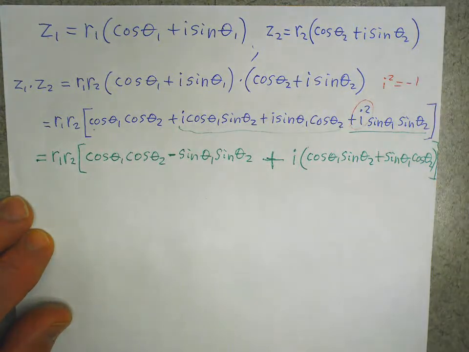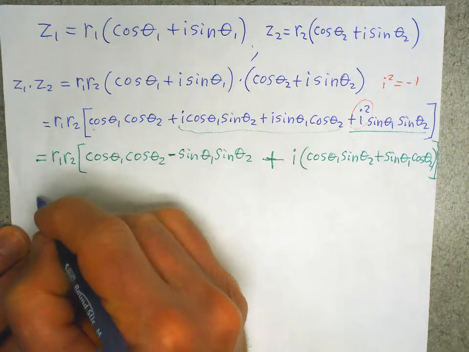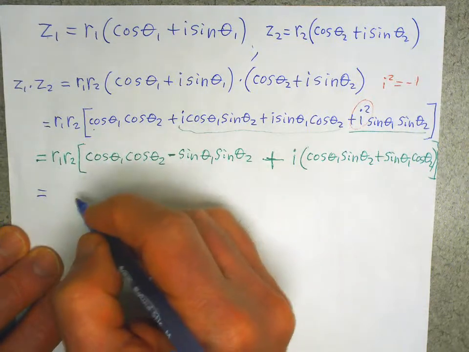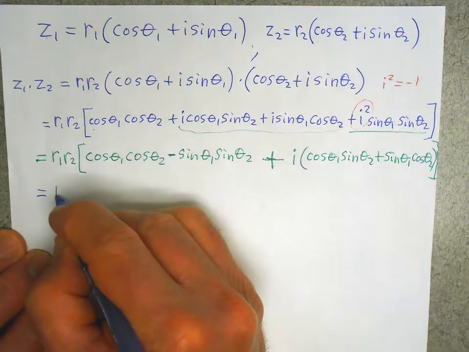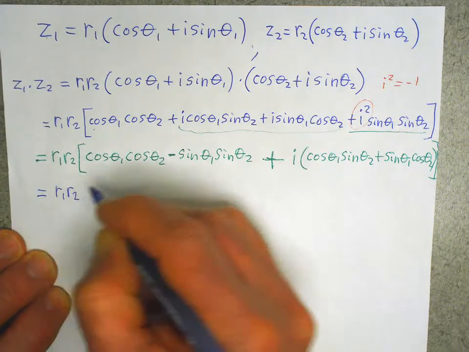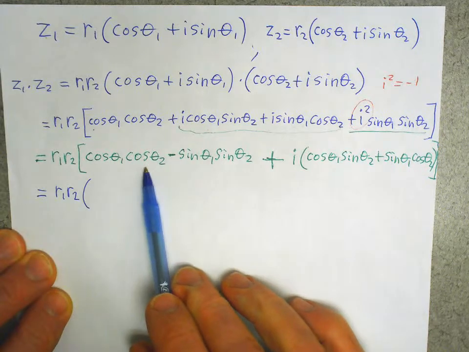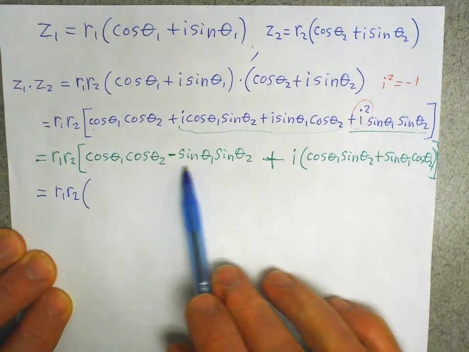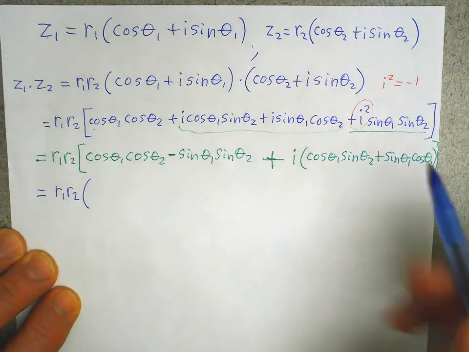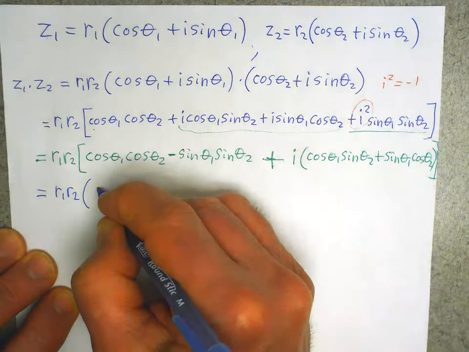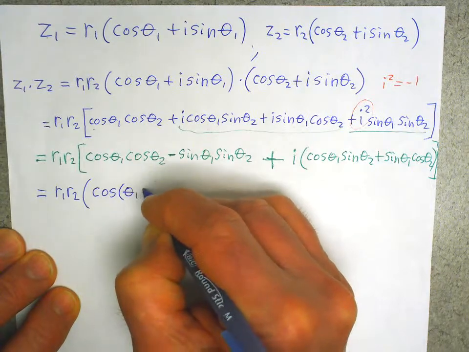Okay, so we see some old formulas that we can apply. Cosine theta 1 times cosine theta 2 minus sine theta 1 times sine theta 2, that's just cosine of theta 1 plus theta 2.